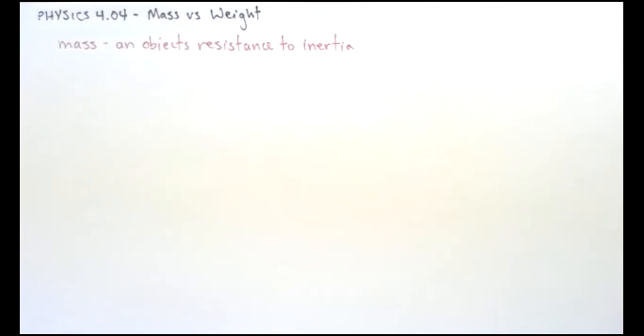So rather than talk about the amount of matter or the amount of atoms, we talk about mass, especially in physics, as the ability of an object to not undergo inertia or to resist inertia.